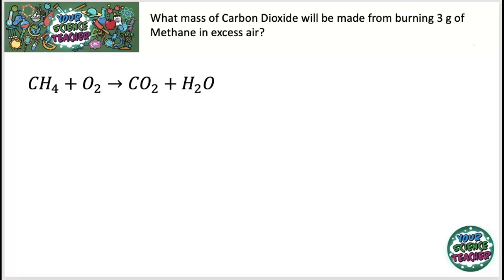Now, because we know that oxygen is in excess, it means that my theoretical mass of carbon dioxide being made will be controlled by the amount of methane that there is there. So methane is what we call a limiting reagent in this practical, because that's going to control how much product I'm going to be making.